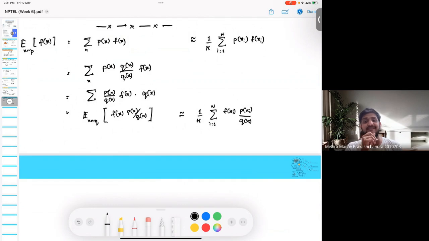If that is not the case, if the ratio of p(xi) and q(xi) is very, very large, then this 1 by n method fails.